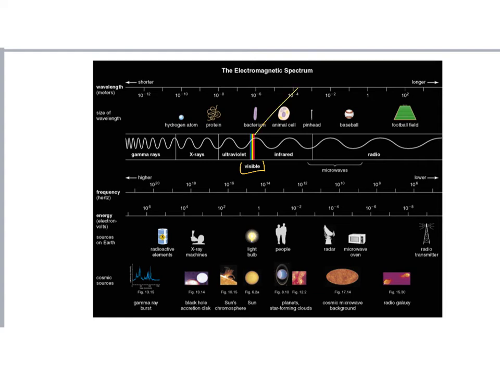So for example, the red part, this is low frequency or larger wavelength, okay, or low energy within the visible spectrum. And then you have the blue, right? And this is the higher frequency and energy or shorter wavelength.